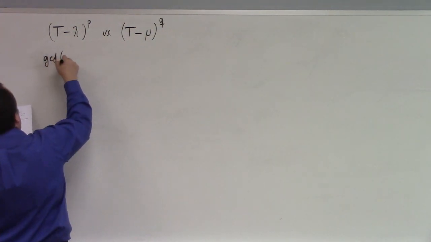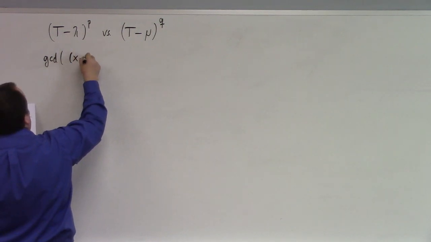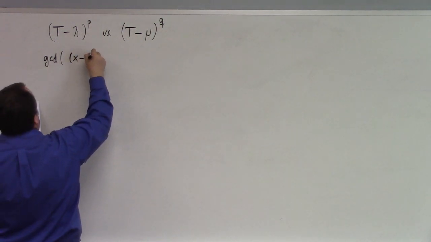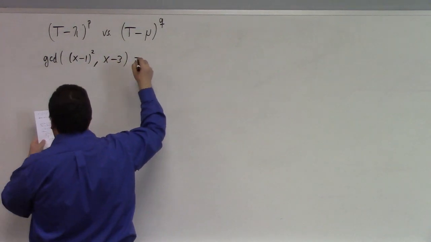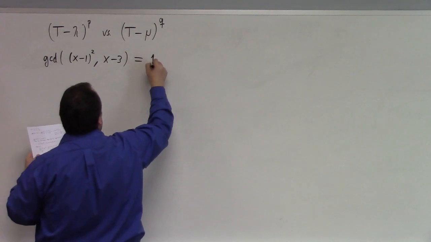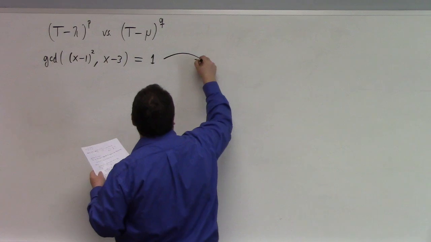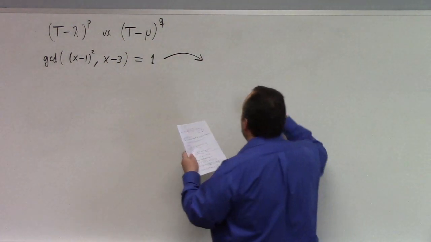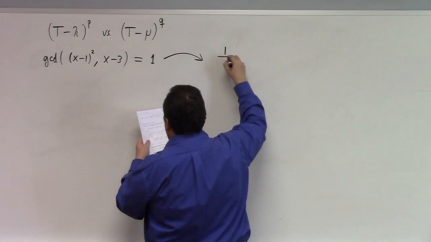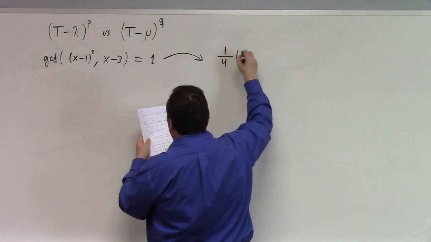This is just a little bit of an advertisement for Math 422. The greatest common divisor of (x minus 1) squared and (x minus 3) is equal to 1. These polynomials are relatively prime. By an analog of the Euclidean algorithm for polynomials, you can show that you have this relation. This is the analog of Bezout's theorem.